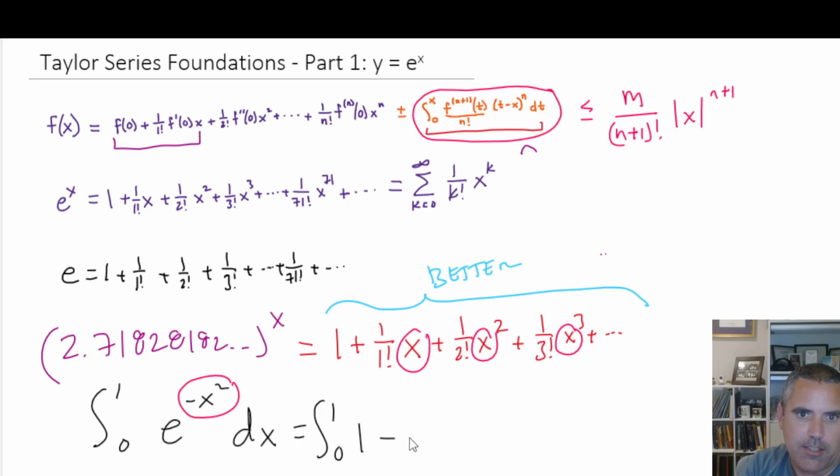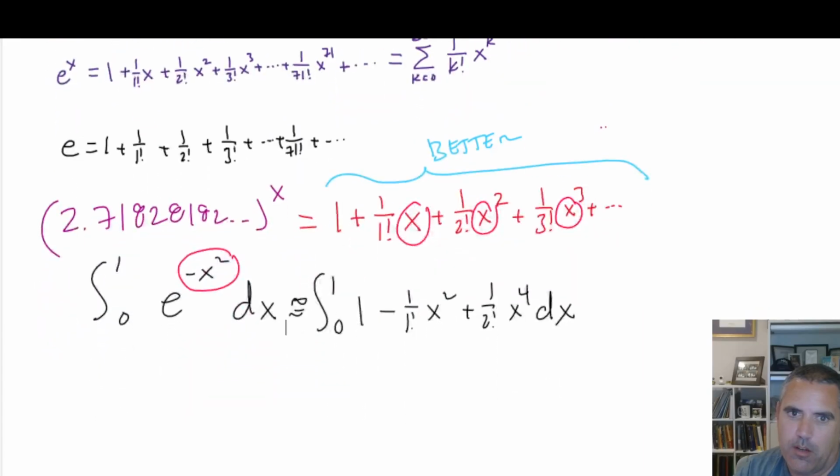So I'm plugging in a negative x squared. Negative x squared squared, so it's going to become x to the fourth. And at any point you could just stop and say, that's good enough for me. And then you could integrate that. And that requires very little effort to integrate. 1/3 x cubed plus 1 over 2 factorial times 1/5 x to the fifth.